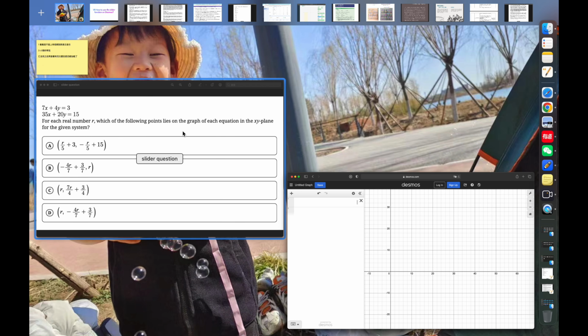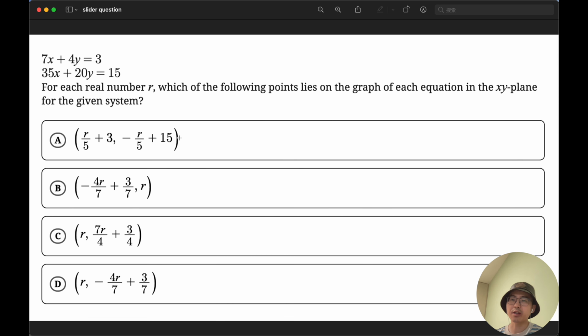Let's take a look at this one. Here it says there is a system of equations, 7x plus 4y equals 3, and another, 35x plus 20y equals 15. And then it says for each real number r, we need to determine which point satisfies the system. You notice that in the 4 choices, the coordinates of the point are not given in specific values, but with the letter r.